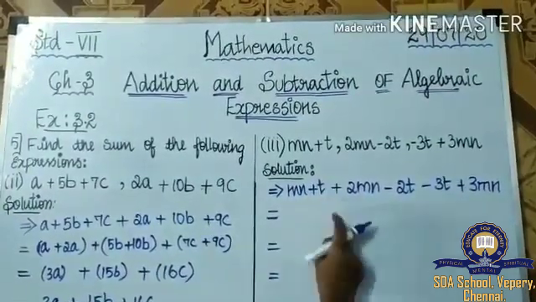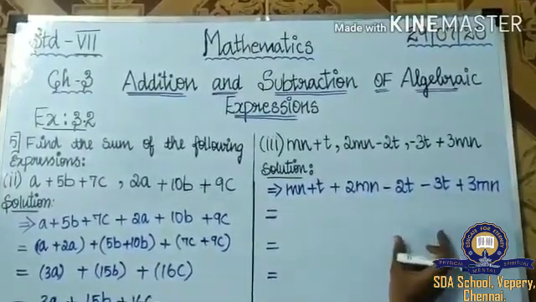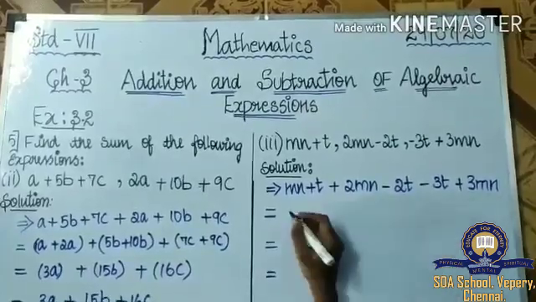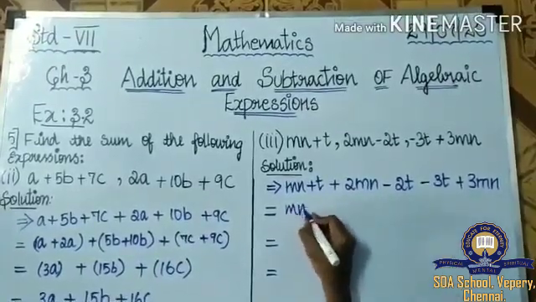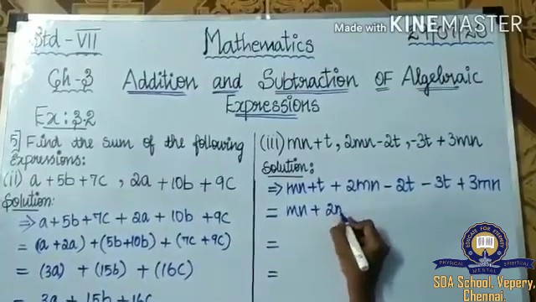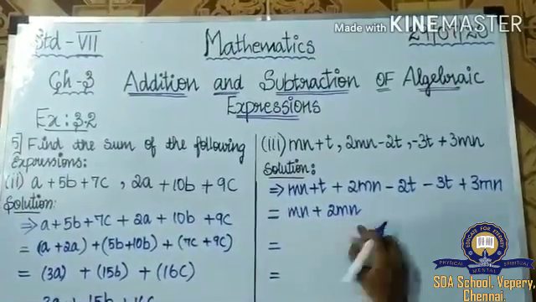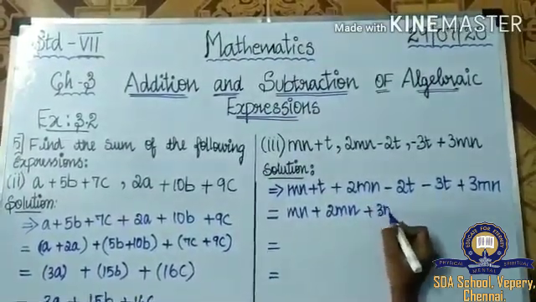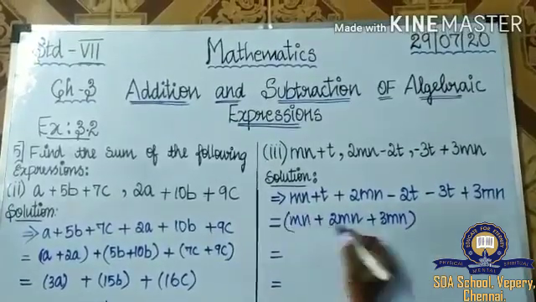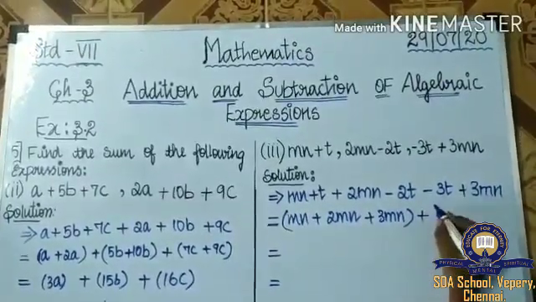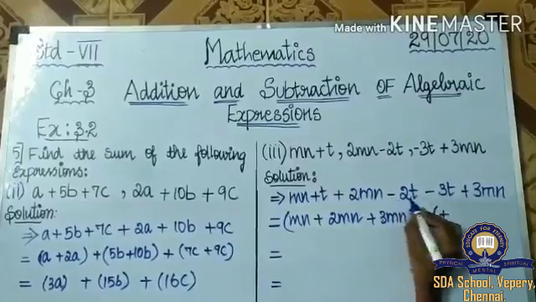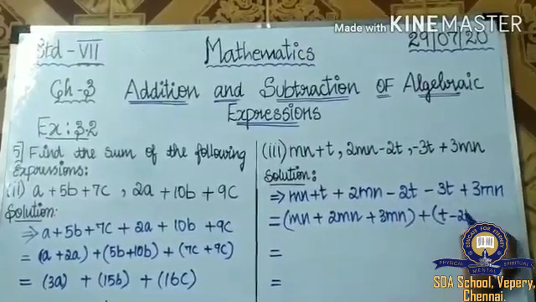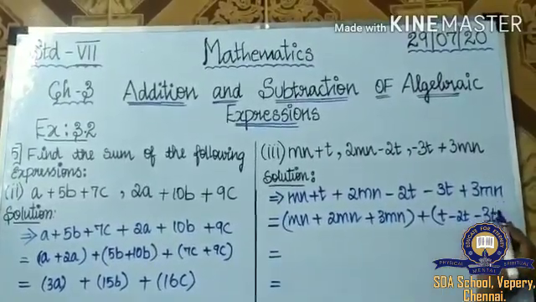Now, we are going to separate the terms. So, mn plus 2mn. First, we will separate mn terms. So, 3mn. Okay. Next, we will separate t terms. So, t. Here we have minus 2t, you just write minus 2t itself.